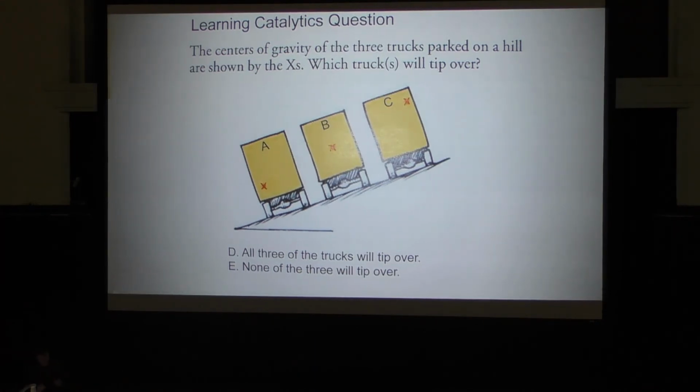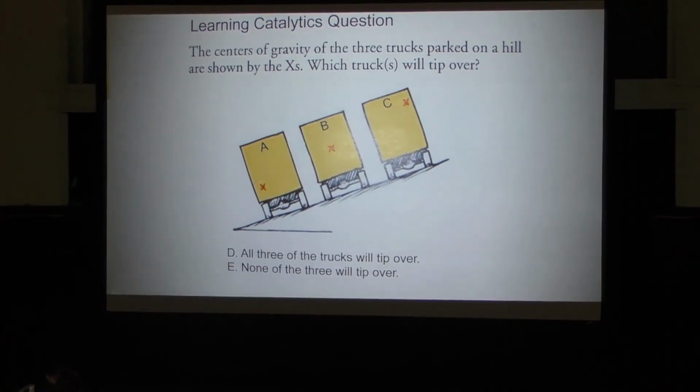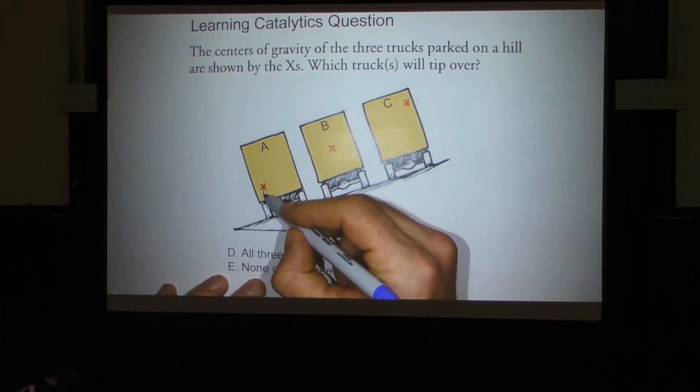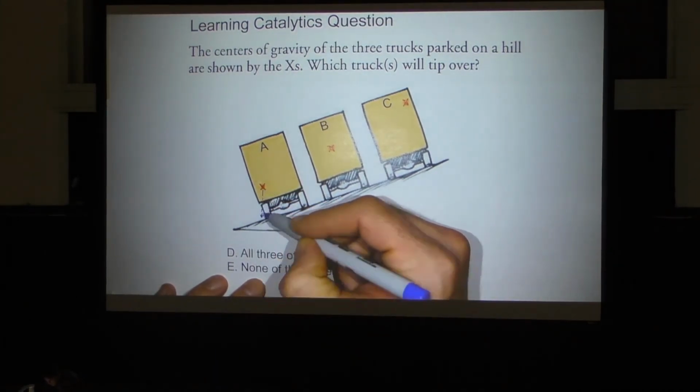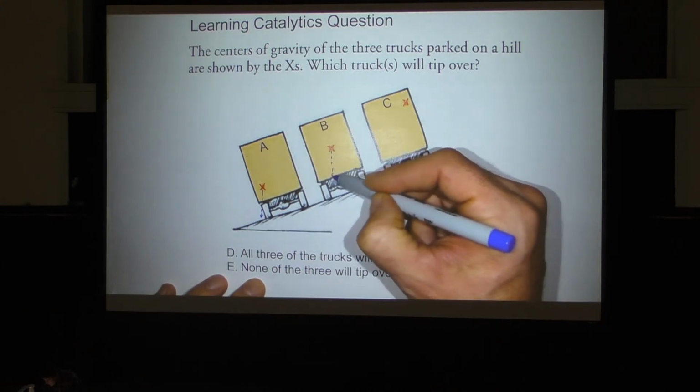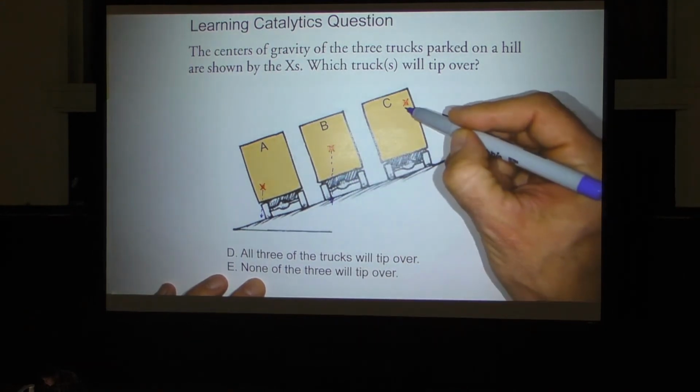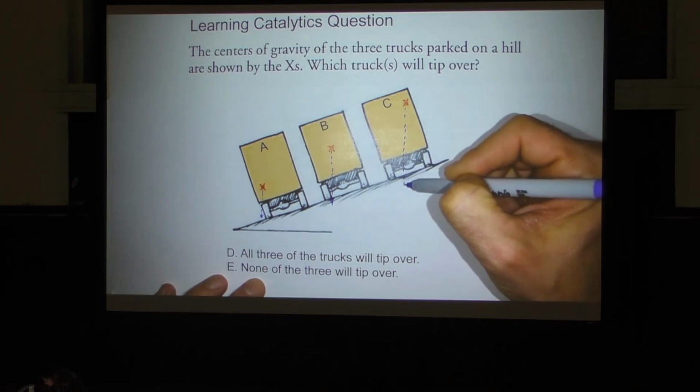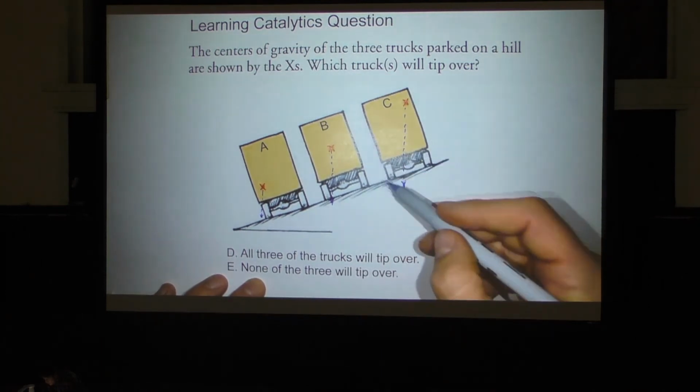I think it's only one of these. It's a bit of a judgment call. I think this one is outside the base. This one is sort of inside the base, and this one's definitely inside the base. It's just a question of, is the center of mass over the base?